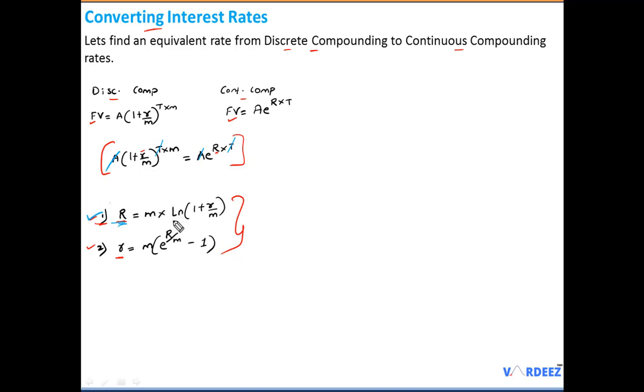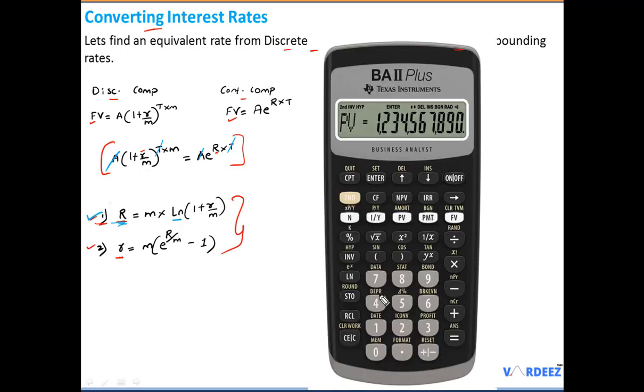Now you must be wondering, where do we get this ln from? Let me just show you the calculator. Have a look here. This is the same image that we've had for this particular calculator. As you can see, this ln and this e to the power x have the same function. Basically, log of this value. I've just taken an example, 1.025. If you press 1.025 and then press ln, you will get this as the answer.